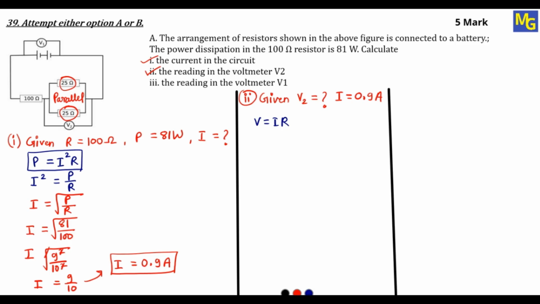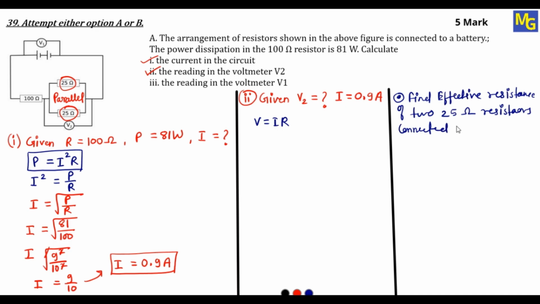I'll put a dot and write: find effective resistance of two 25 ohm resistors connected in parallel. So what is the formula for this?